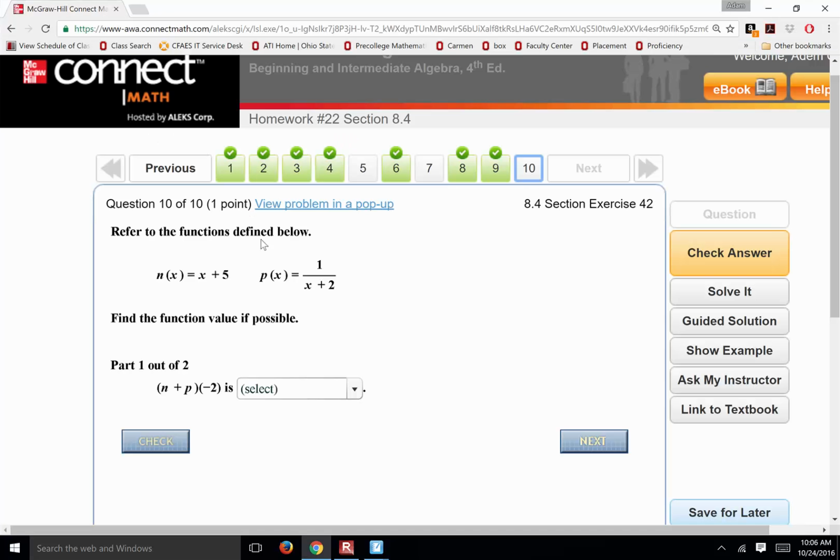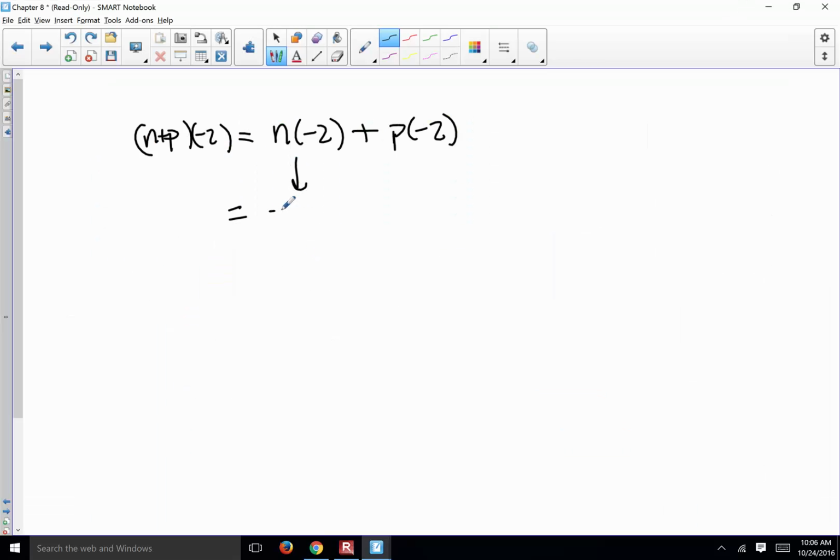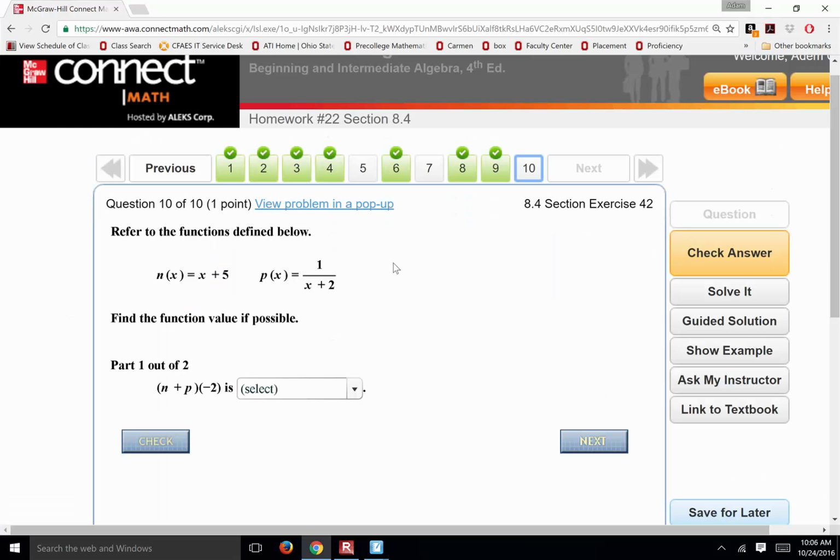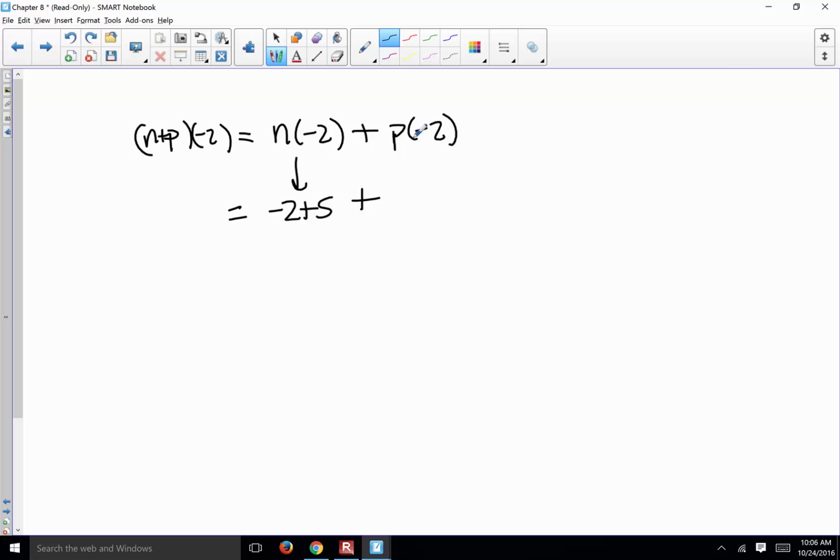N plus p of -2 means you compute -2 in n, and add what you compute with -2 in p. Plug in -2 in n right here. Plus, plug in -2 in p now. p is taking -2 in, plug it in. And tell me what's going on here, please.